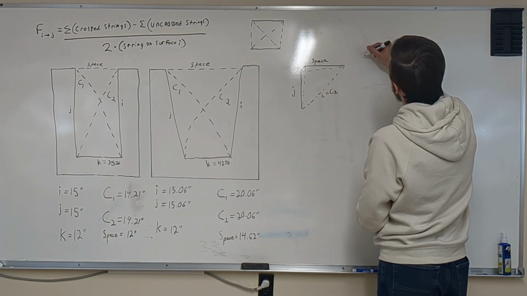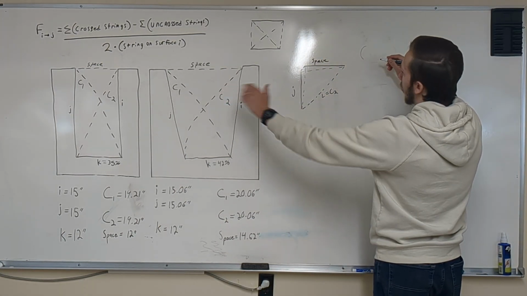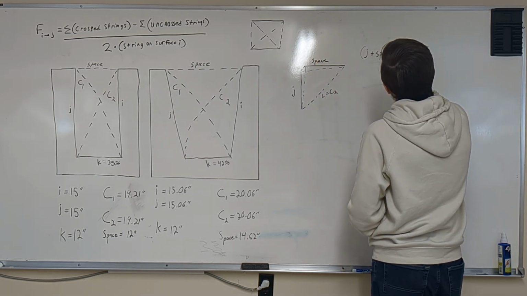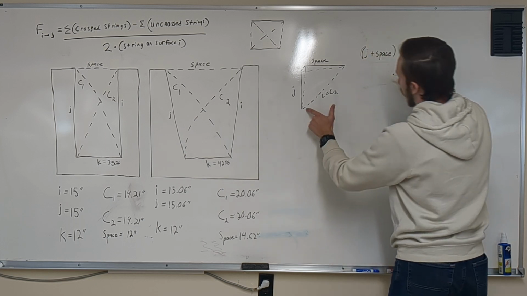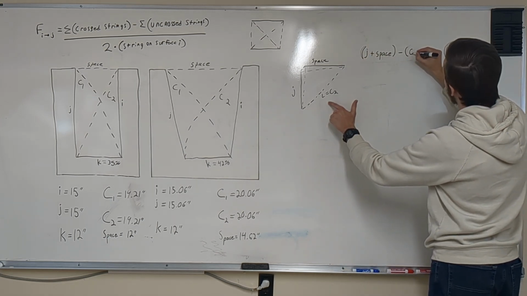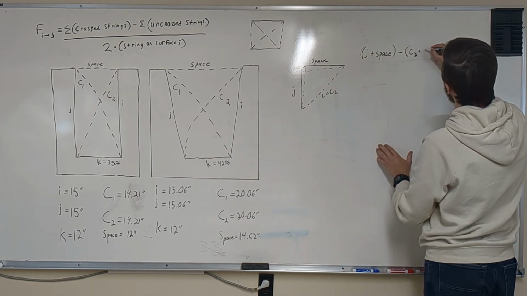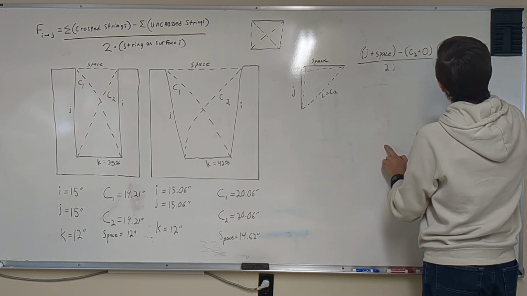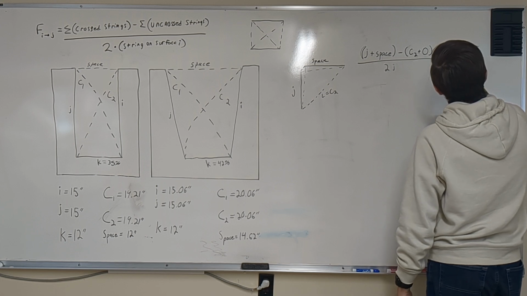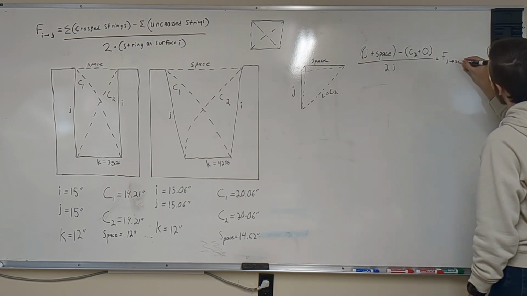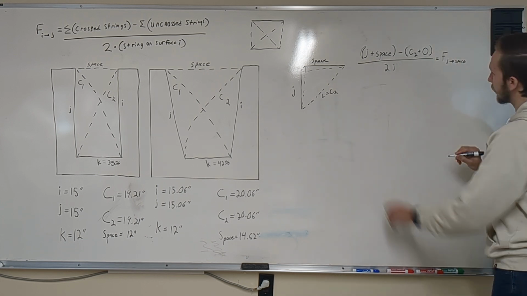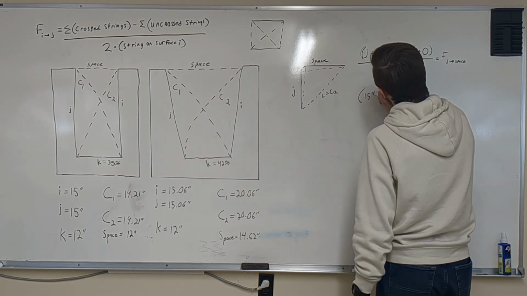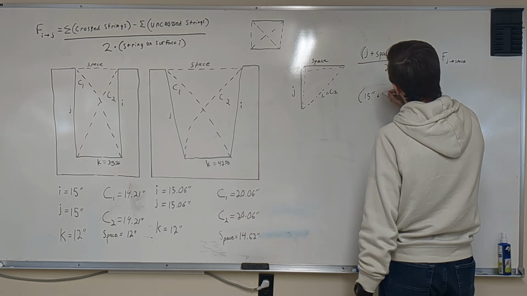So plugging in numbers, we have our cross strings now are J plus space, minus our uncrossed strings, which is now C2, and our other string is 0, so plus 0, all divided by 2J. And this will give us the view factor from J to space. Plugging in the numbers, on the straight wall, J is 15 inches, space is 12 inches.